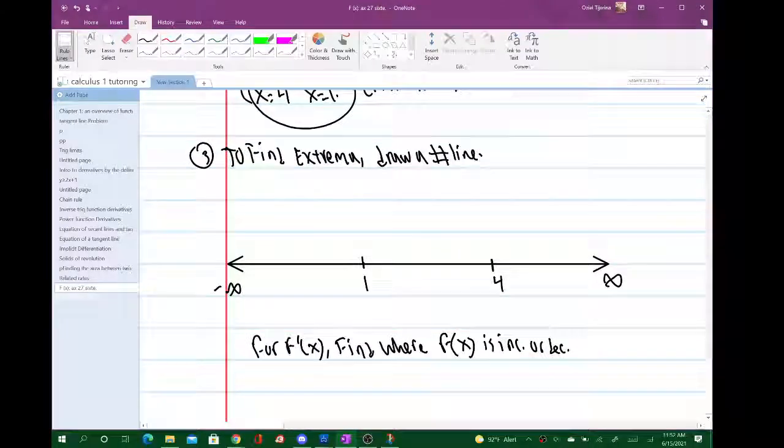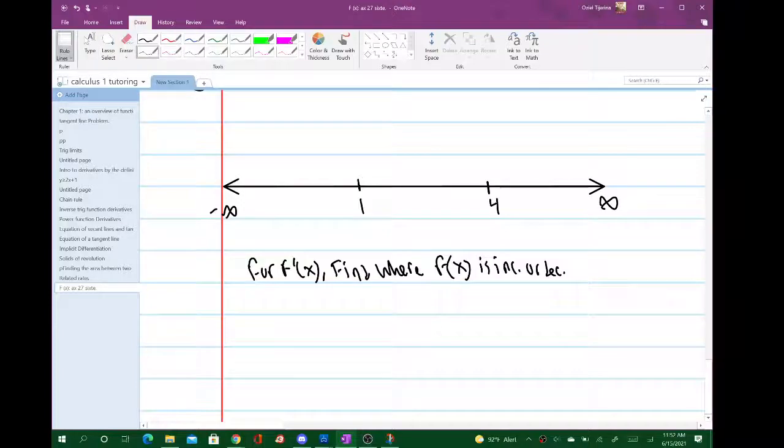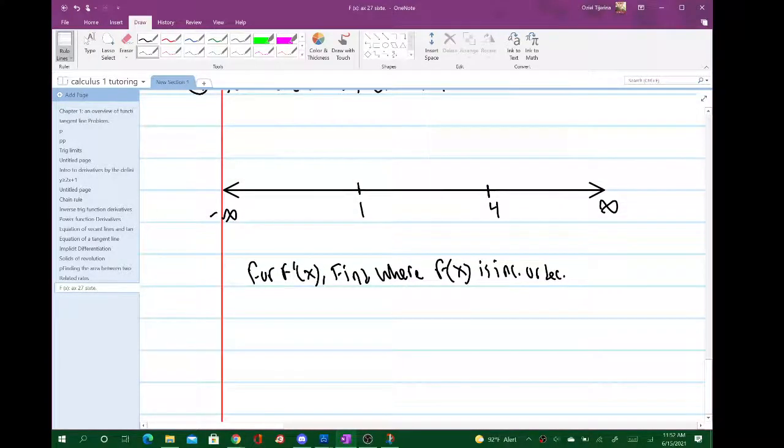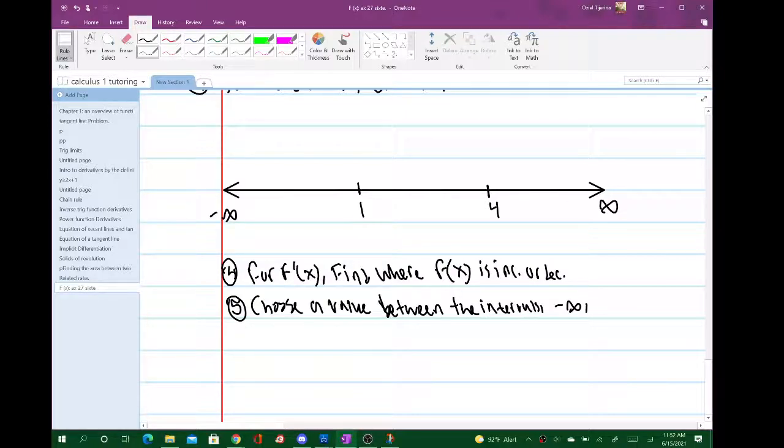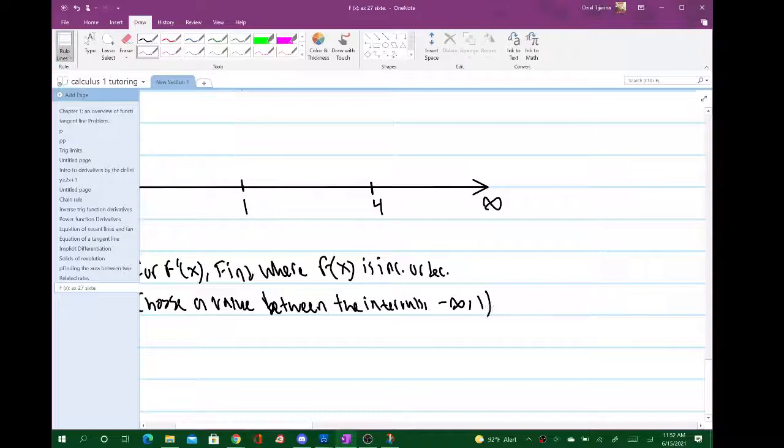What I mean by that is, choose a value between the intervals negative infinity to 1, union 1 to 4, union 4 to infinity.